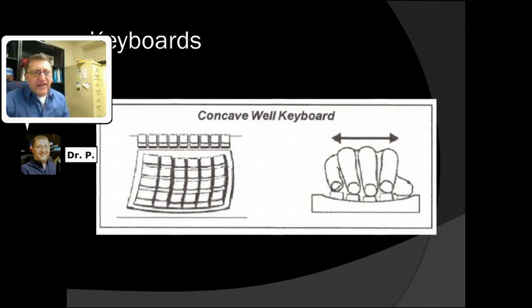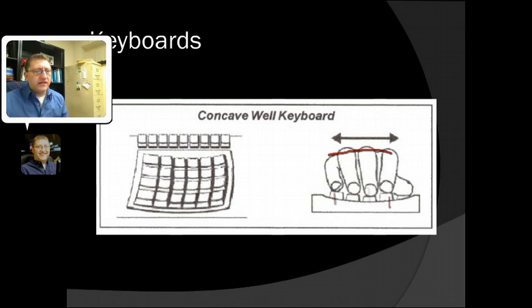You will also occasionally still see some concave keyboards, and that is where, again, the keys designed for the middle finger are lower than the keys designed for the outer fingers or the thumb. And again, that's just trying to make this a little less of a curve here at the top over the knuckles and be a little less fatiguing.